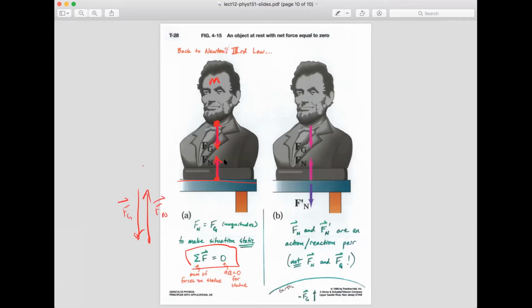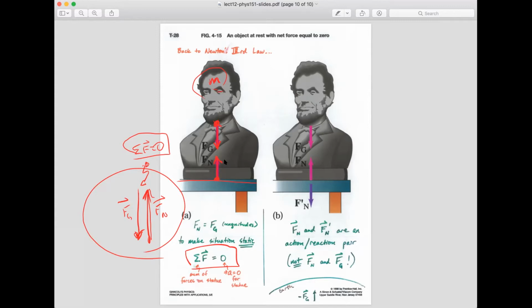So we can see that the sum of all the forces must be zero because this big heavy bust is sitting continuously at rest, right? However, that begs the question: I have two forces here that are equal in magnitude and opposite in direction. Are they an action-reaction pair? And the answer in this case, well, let's think.